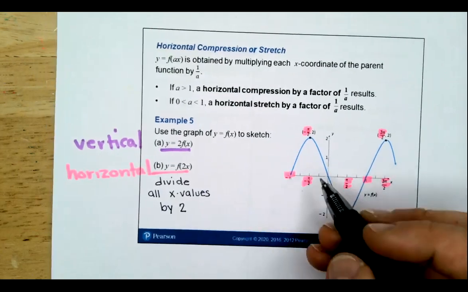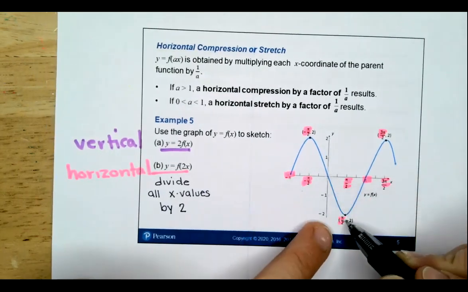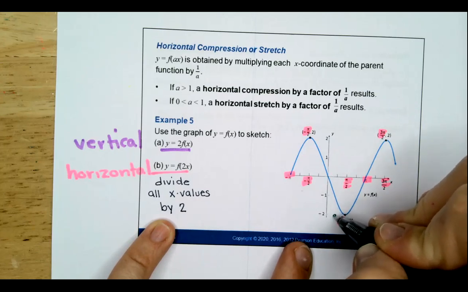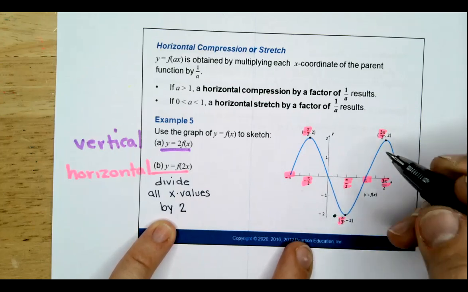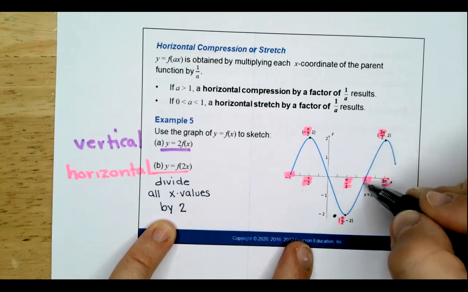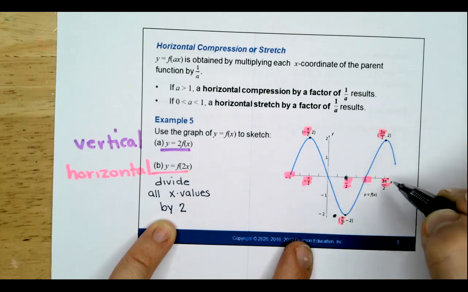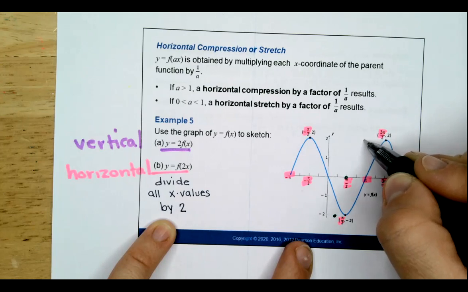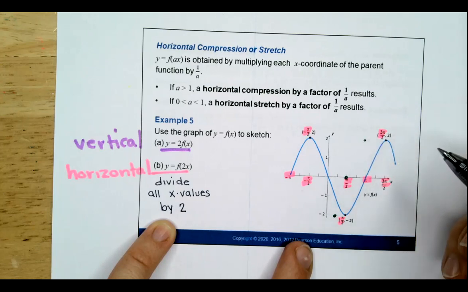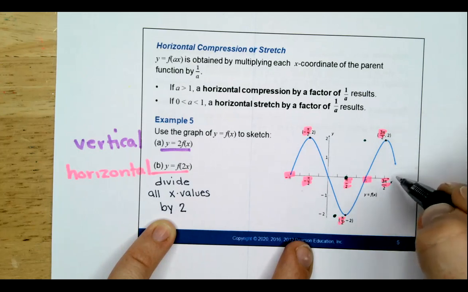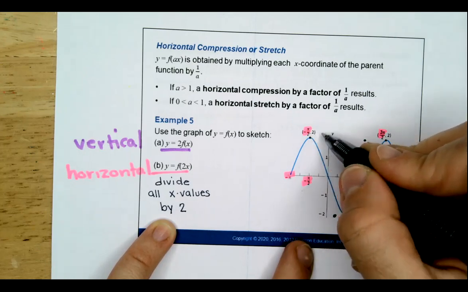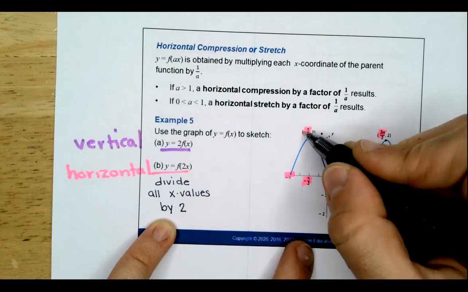So 0, 0 will remain the same. Instead of pi over 2, negative 2, we're going to divide pi over 2 by 2 and get pi over 4. So that's now going to move right over here. Okay? This guy, pi, is going to get divided by 2. So that's going to be right here. 3 pi over 2 divided by 2 is 3 pi over 4. So that moves here. Good. Negative pi over 2 becomes negative pi over 4.